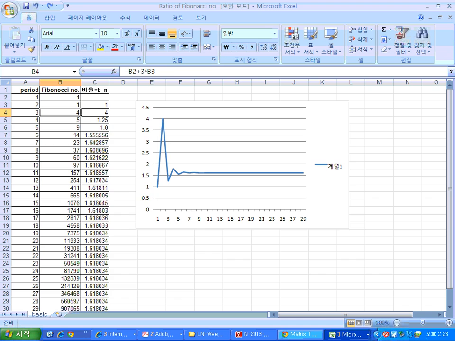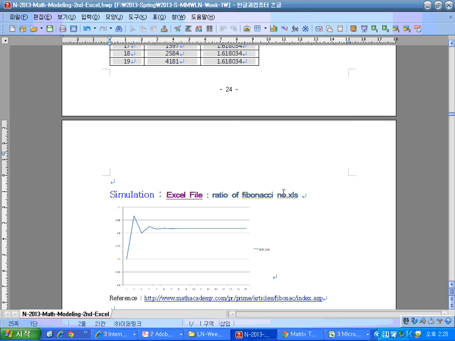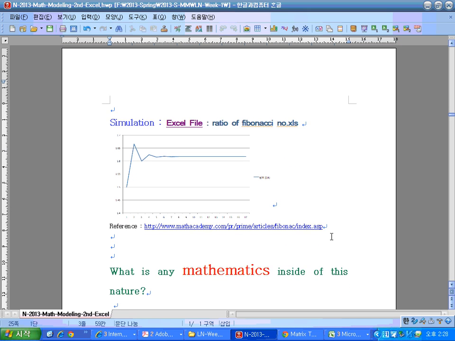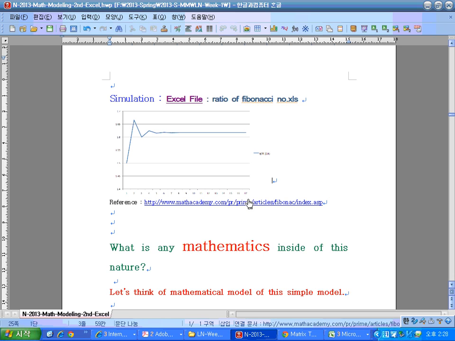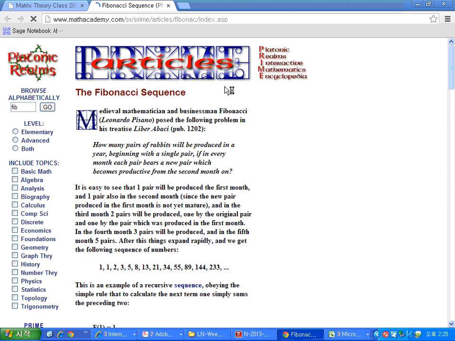But anyway, as you see, the ratio between two consecutive terms converges to a certain number as n goes to infinity. This is what this table means. There is some information on those numbers here.